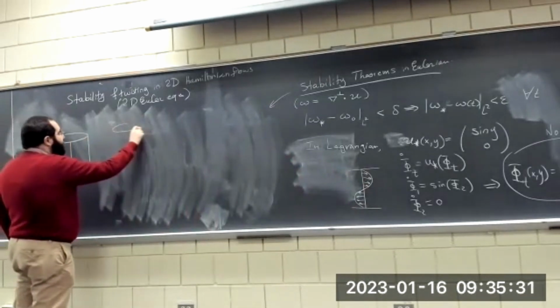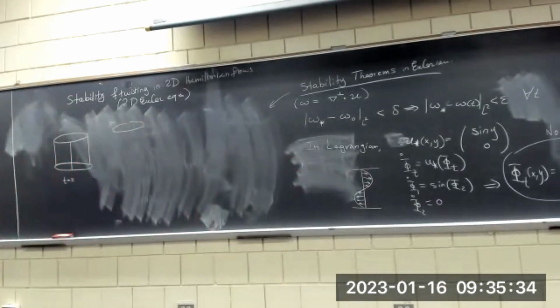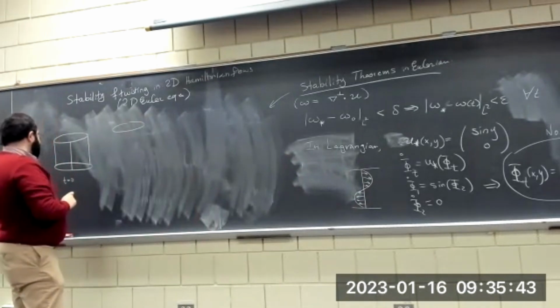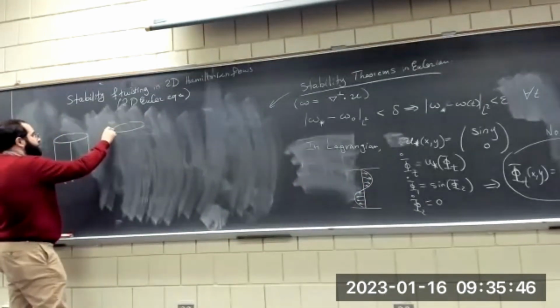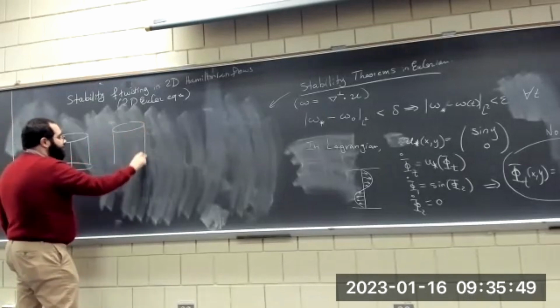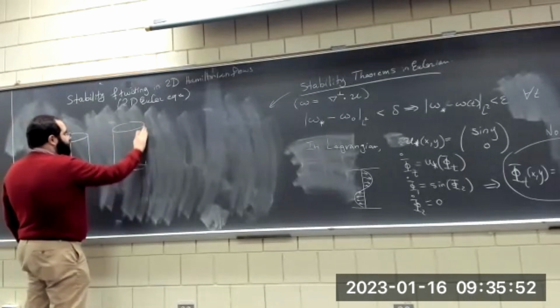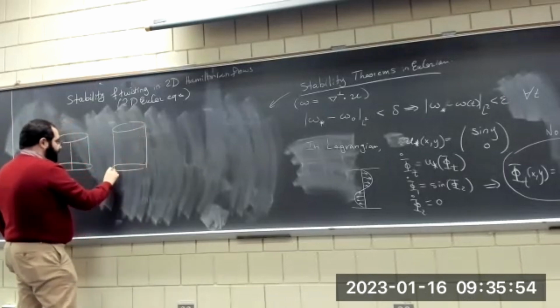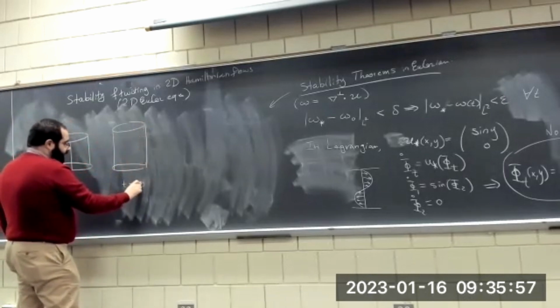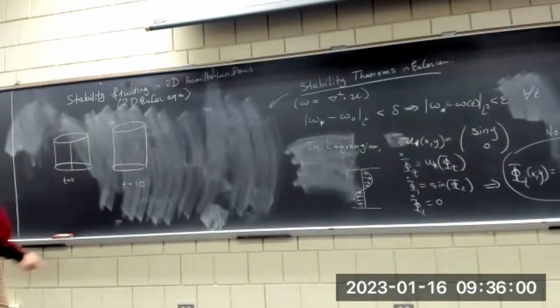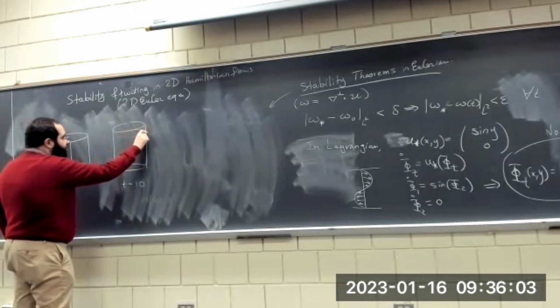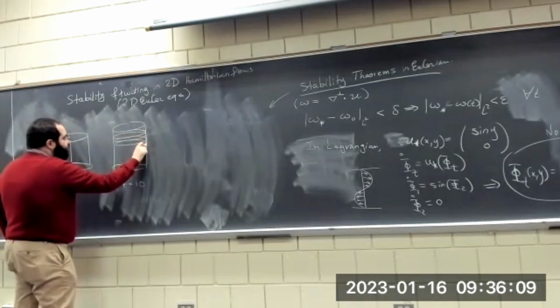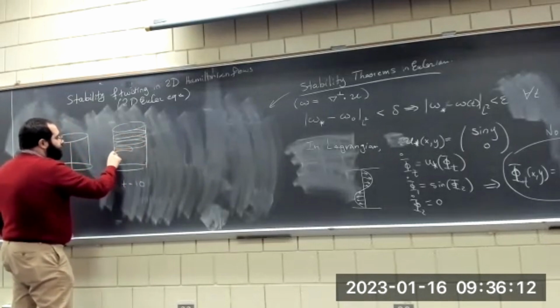And this is maybe t equal 10. Then what you get is something like this, and then it goes on the other side.